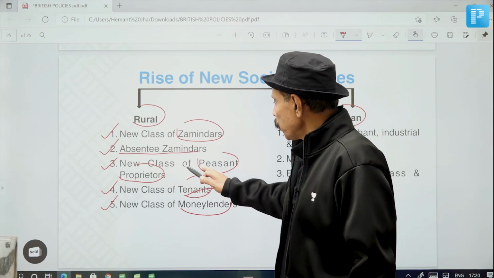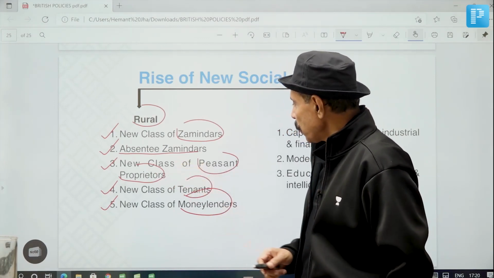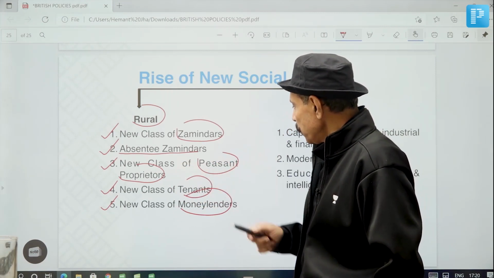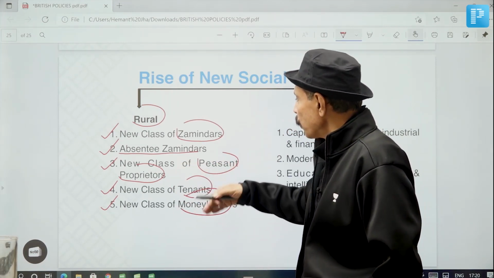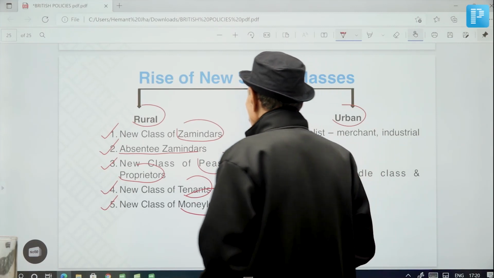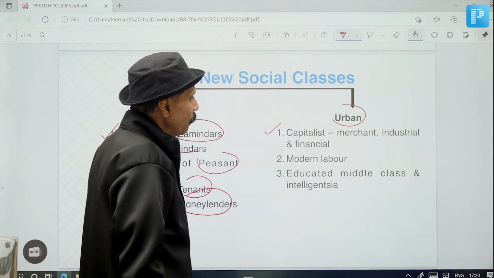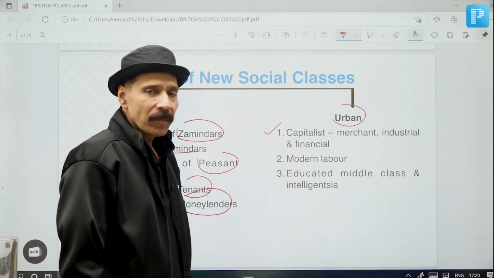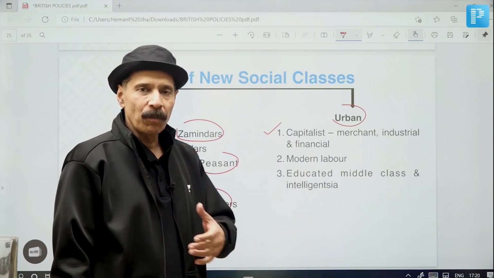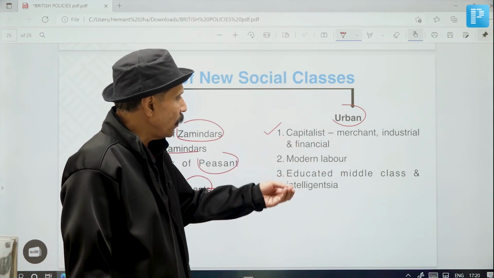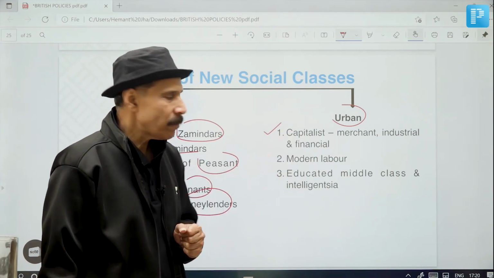New class of peasant proprietor was the result of Raiyatwari settlement. New class of tenants, result of zamindari settlement. New class of moneylenders, result of all these policies. And in urban areas, number one, rise of capitalist class, merchant, industrial, financier. And this was the result of new economic policies related to industrialization, finance, and trade.